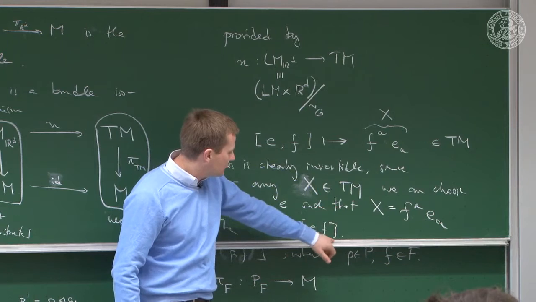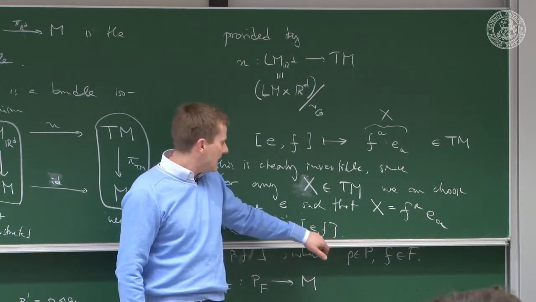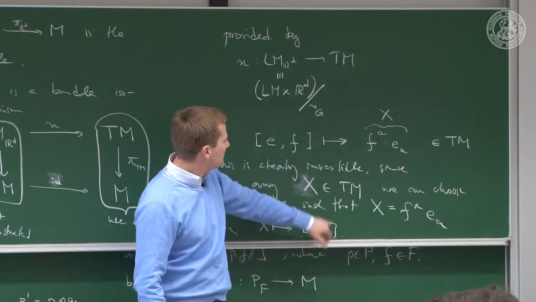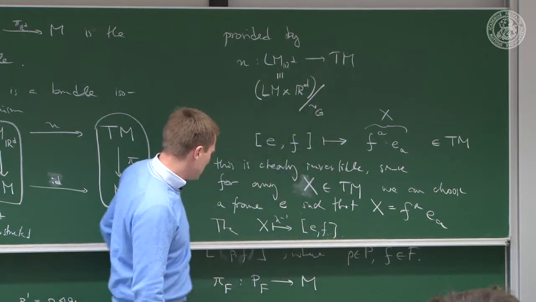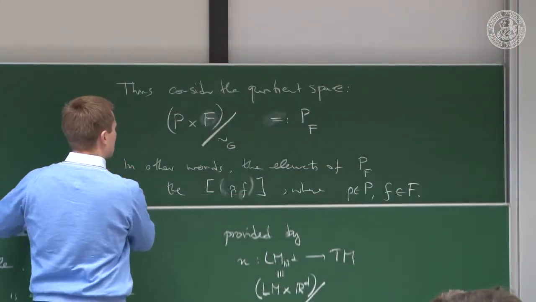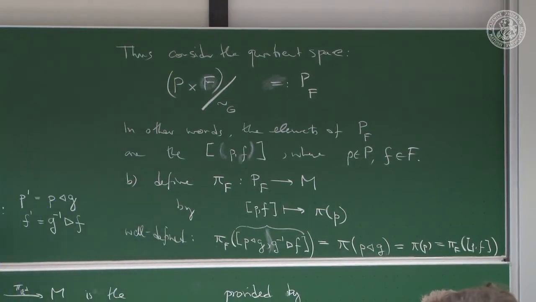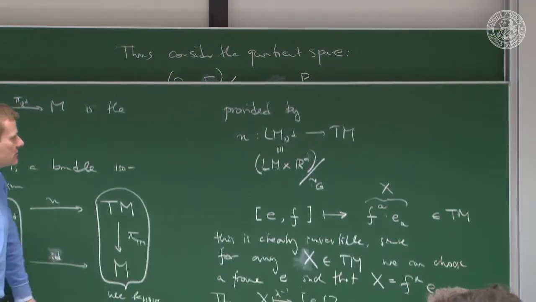However, I associated with it the equivalence class of the pair, and this definition of the equivalence class by virtue of this equivalence relation, I think it's still here on the blackboard, exactly provides for all the other choices you could have made and identifies all these choices.